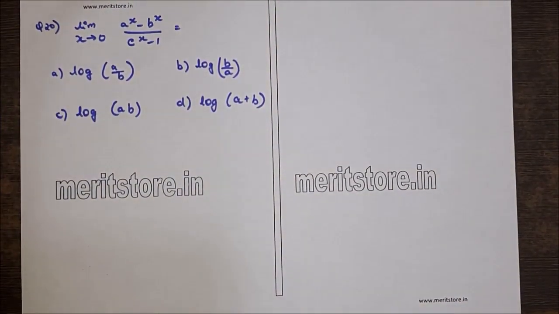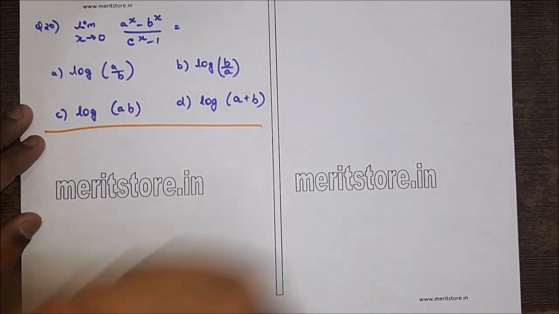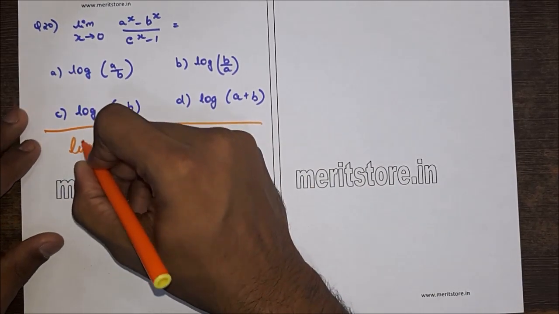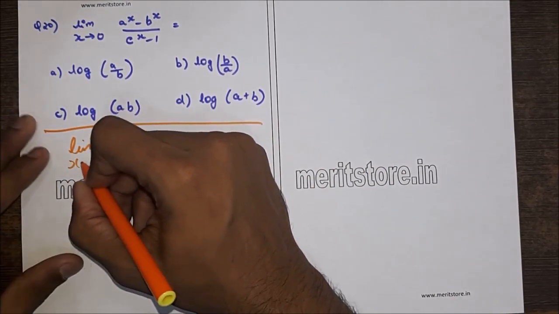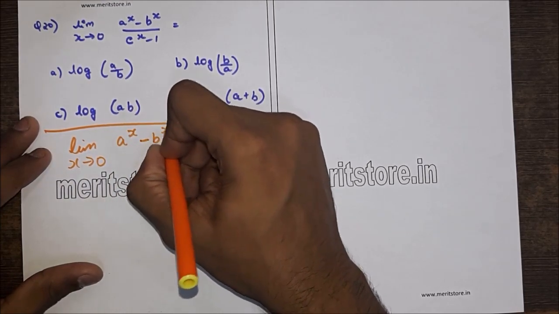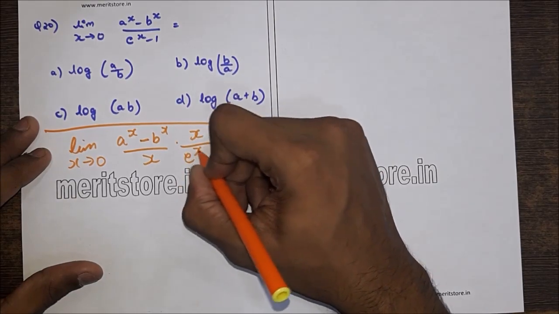Limit of x tends to 0, a raised to x minus b raised to x upon e raised to x minus 1 equals: A log a by b, B log b by a, C log ab, or D log a plus b. Therefore, we could write this as limit of x tends to 0, a raised to x minus b raised to x upon x into x by e raised to x minus 1.